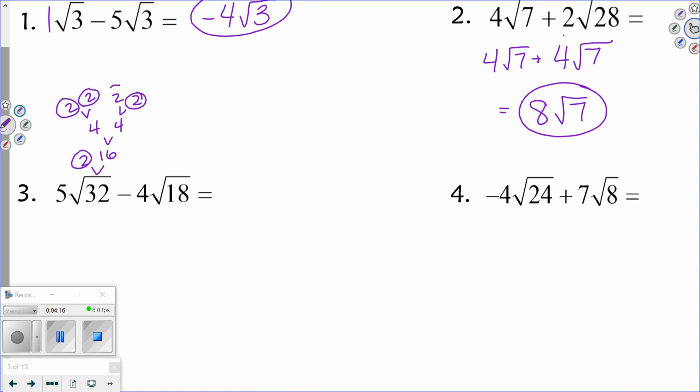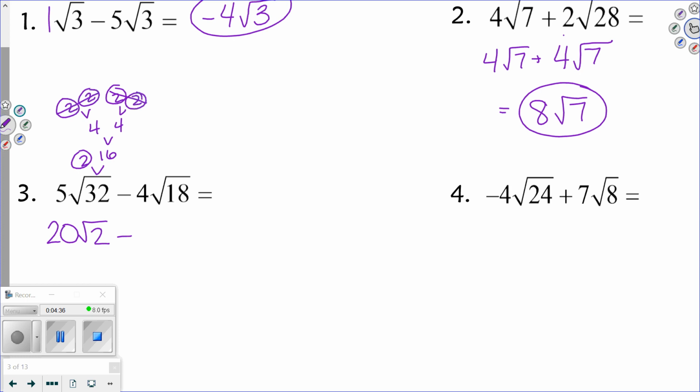All right, so looking for pairs. I have a pair of 2s and a pair of 2s, which is 4, times the 5 already in front, 20. Leftover, 2. So radical 2.